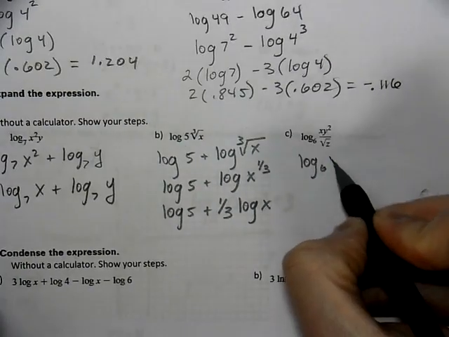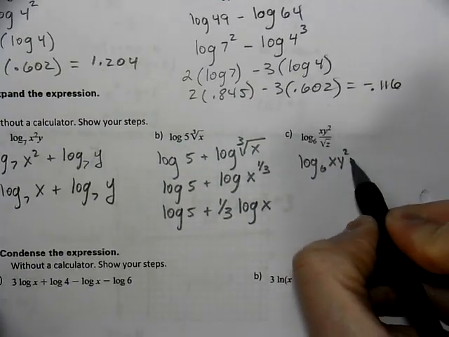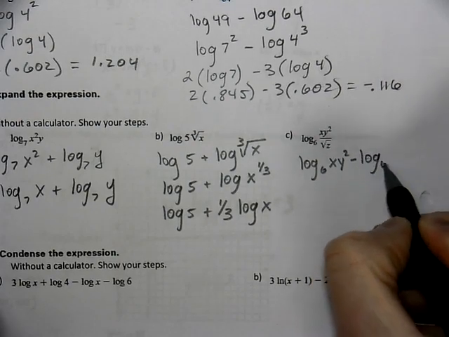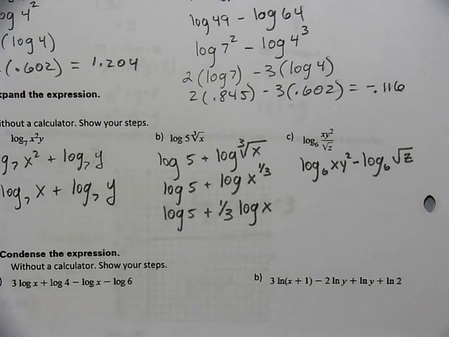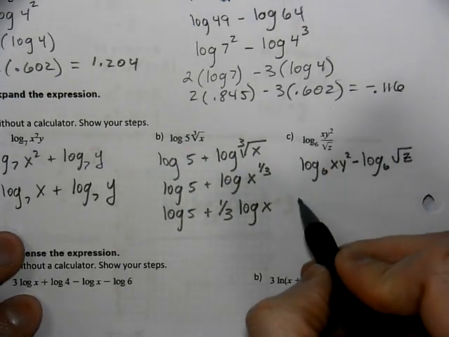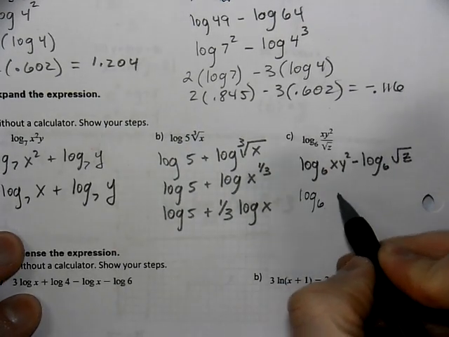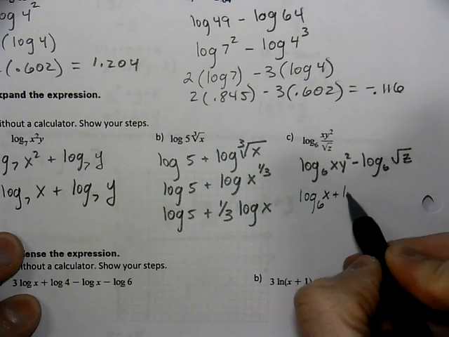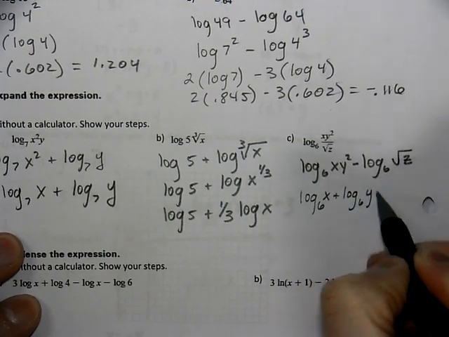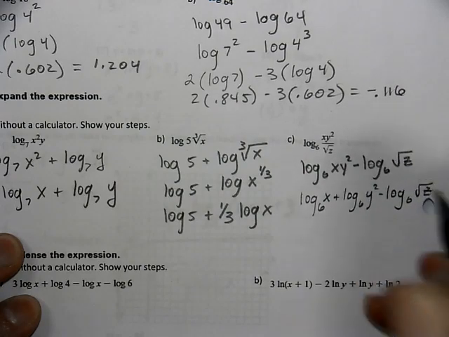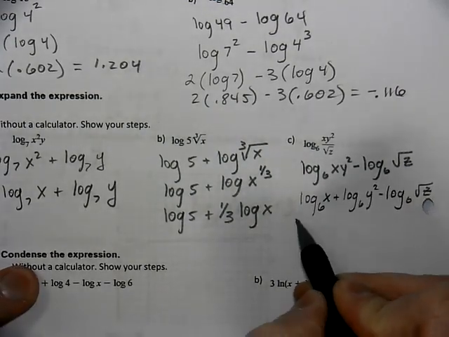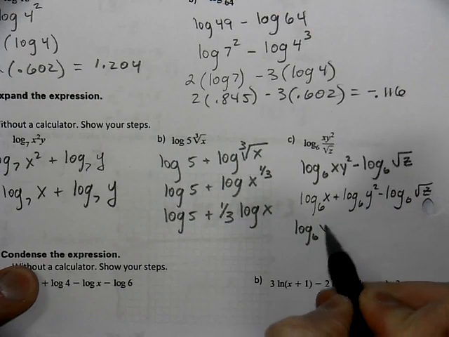Log base 6 of xy squared minus log base 6 of the square root of z. Because it's a fraction, we're going to write it with subtraction. And then because it's multiplication, we're going to write it with addition. Nothing we can do here with log base 6 of x.